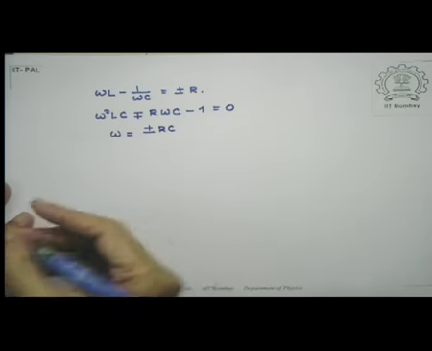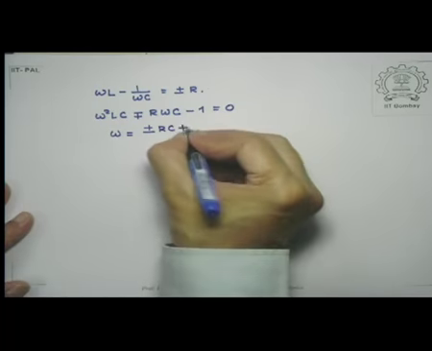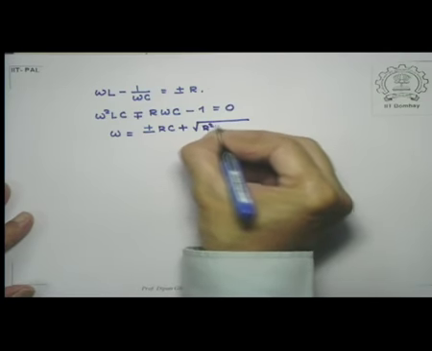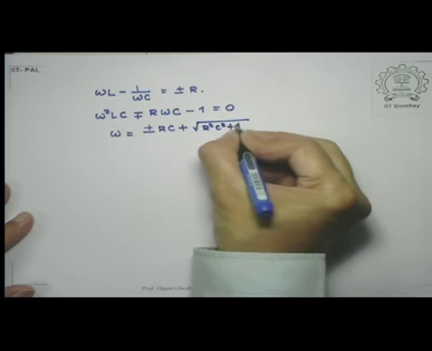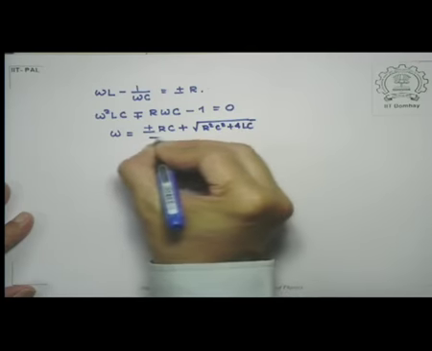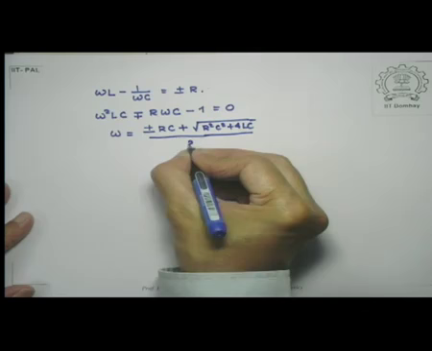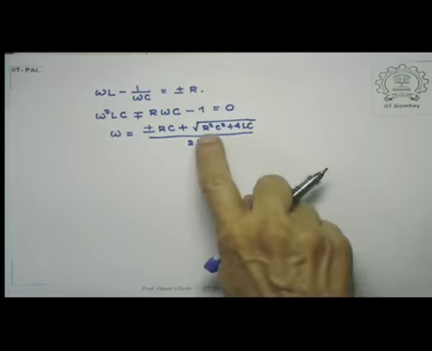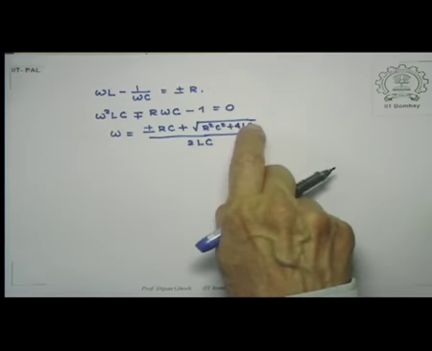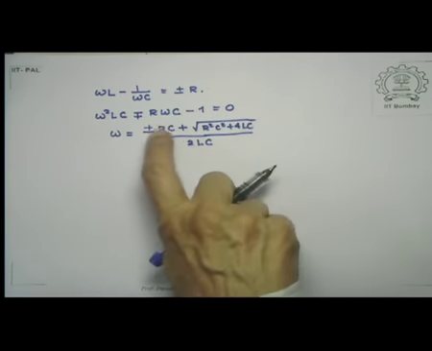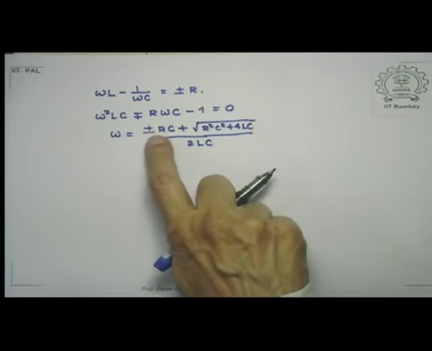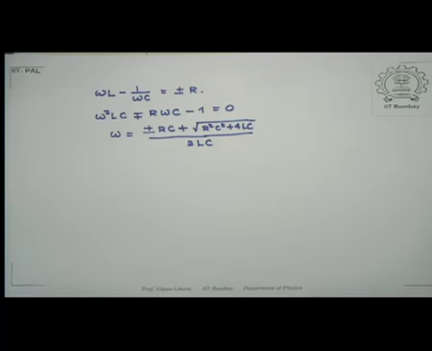There should be another plus or minus, but let me write it as a plus and we'll see why. Square root of R square C square plus 4LC divided by 2LC. The reason for taking only the positive square root is so that this quantity remains bigger than this side, so that even with that minus sign, I get my number to be positive.